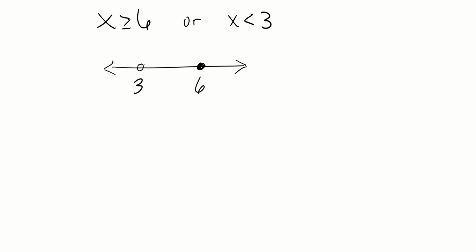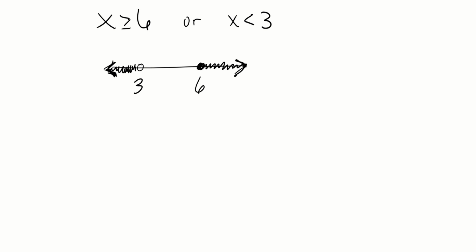Now, if x is less than 3, then we're going to do all the numbers smaller than 3. And if x is greater than or equal to 6, then we're going to do all the numbers bigger than 6, including 6.